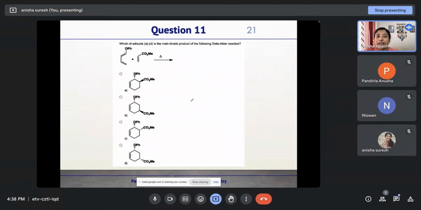Now moving to question number 11. Which of the adducts A to D is the main kinetic product of the Diels-Alder reaction? Any answers?